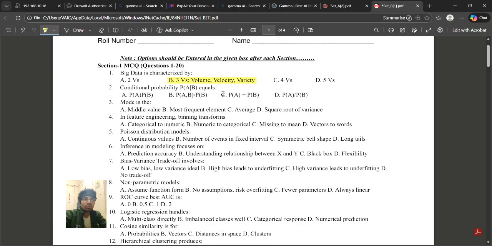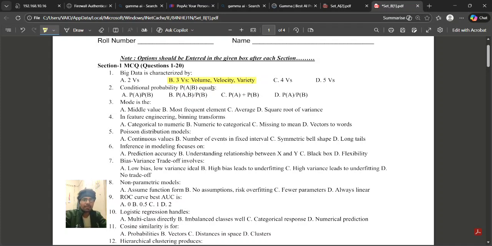Now let's go to the second question. It is about conditional probability. The conditional probability P of A given B is the probability of A occurring when we know B has already occurred.